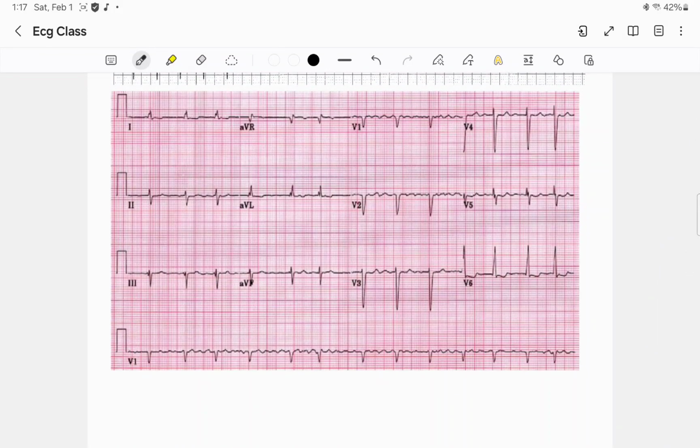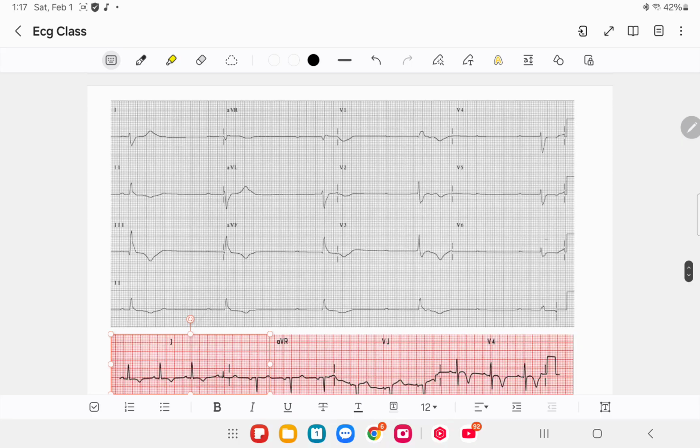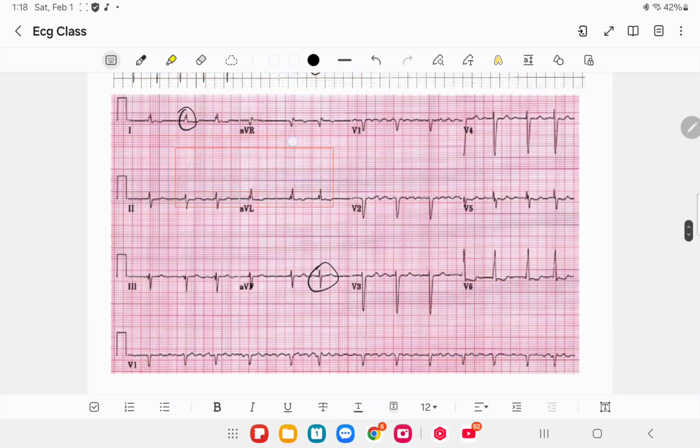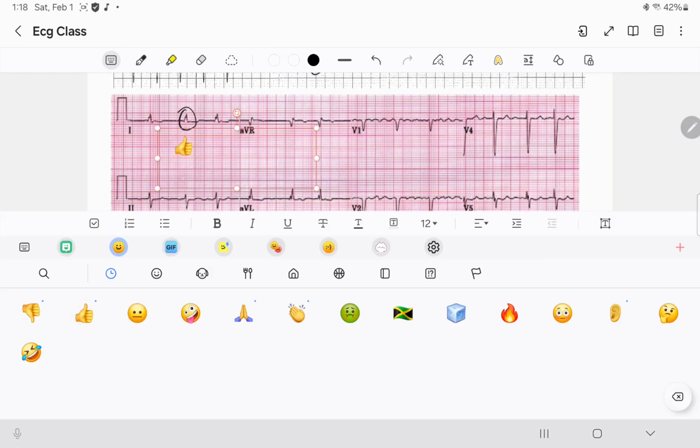Okay, so in this one, it's the same thing again. Lead 1 is positive, lead AVF is negative, you'd have a thumbs up. So we're just doing it for repetition's sake, right? So it just sticks, okay? Even though it's the same thing, we're gonna still do it, right?